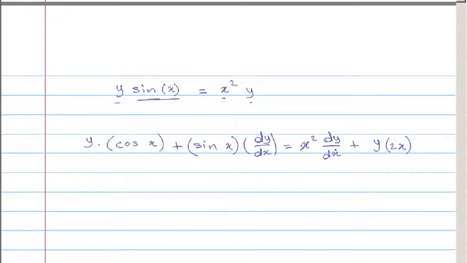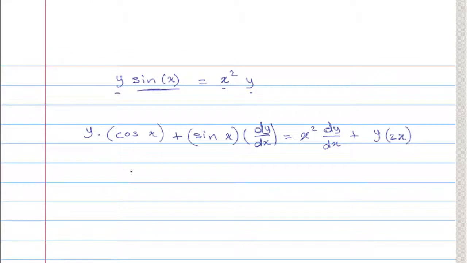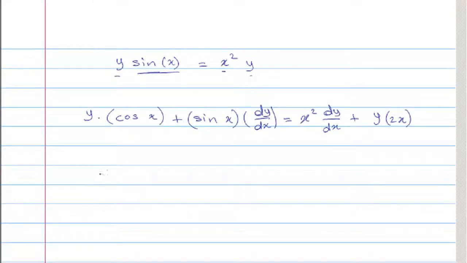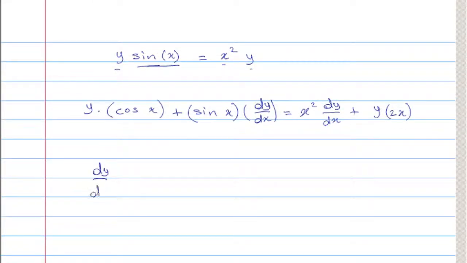And if I want to make dy over dx the subject, I have to bring all dy over dx terms to the left hand side. So I get dy over dx times sine x minus x squared dy over dx, and that's equal to 2xy minus y cos x.